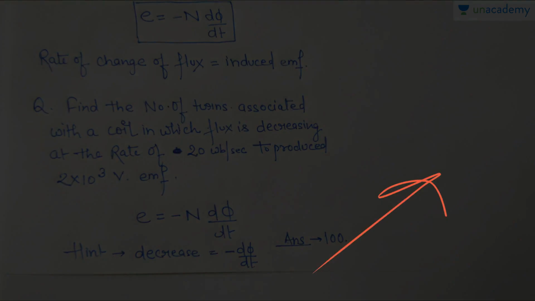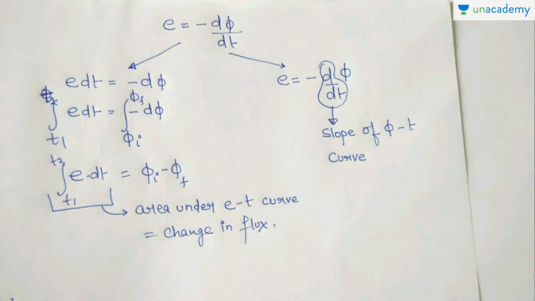Now, if we talk about this formula, E is equal to minus d phi by dt, which can be taken from Faraday's second law, this can be interpreted in two ways. Whenever you have the phi versus t graph, then the slope at any point of this phi-t curve will give you the induced EMF at that point.